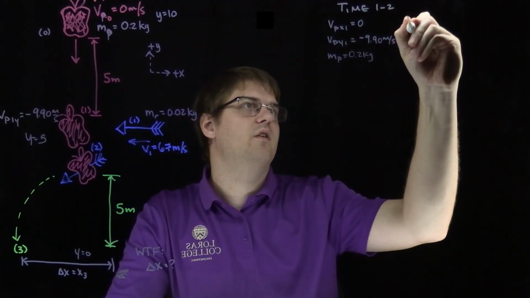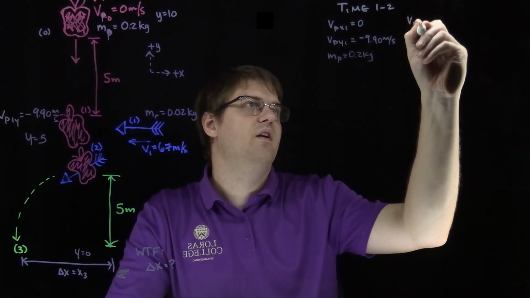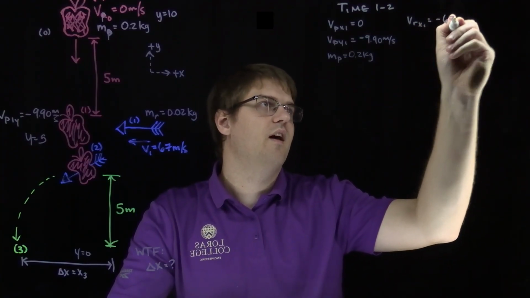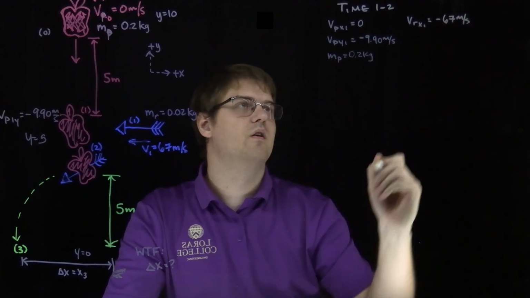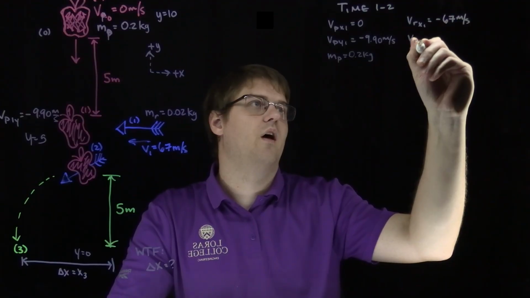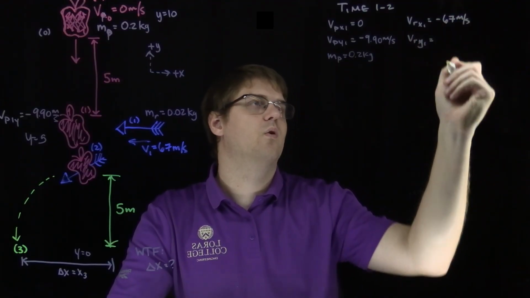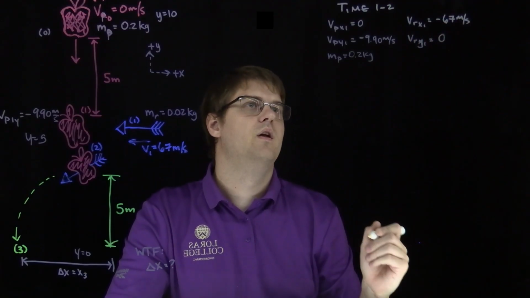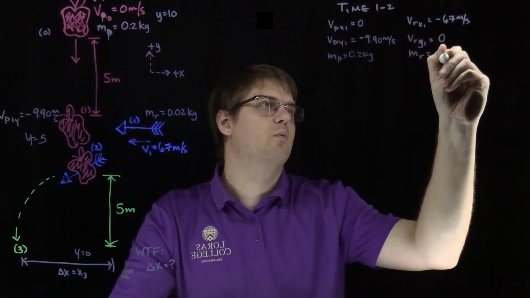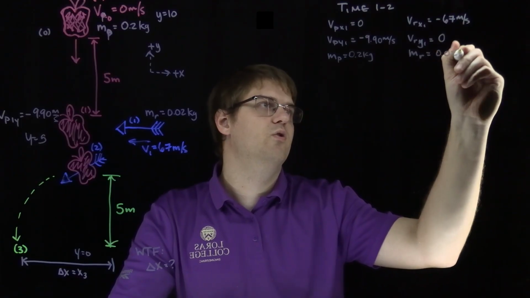My velocity of my arrow in the x at 1 is a negative 67 meters per second. My velocity of my arrow in the y at 1 is going to be equal to 0. And my mass of my arrow is 0.02 kilograms.